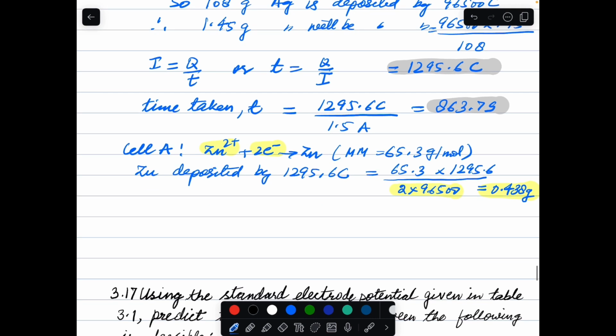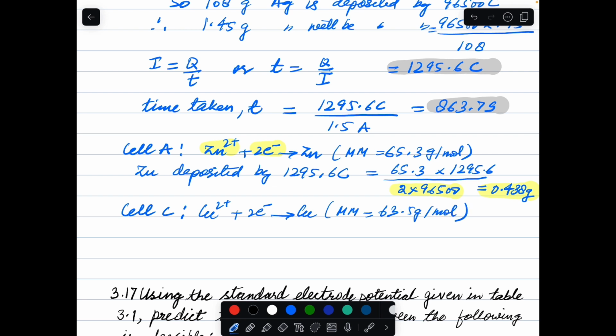Now we will do for cell C, that is copper. So in the case of copper we will write similar type of reaction. Cu2+ ion will take electron to give you Cu metal, and the molar mass for Cu is equal to 63.5 grams per mole.